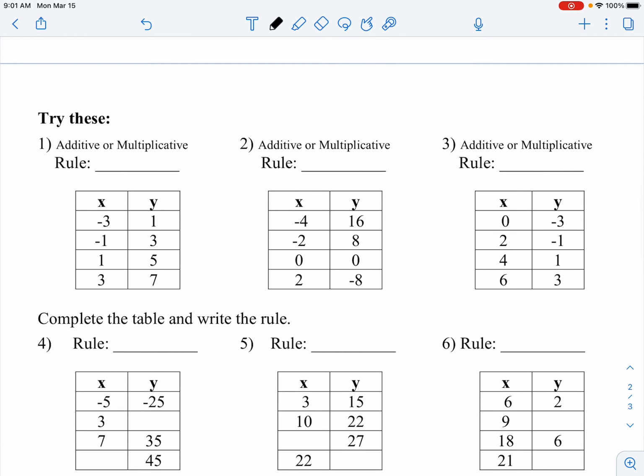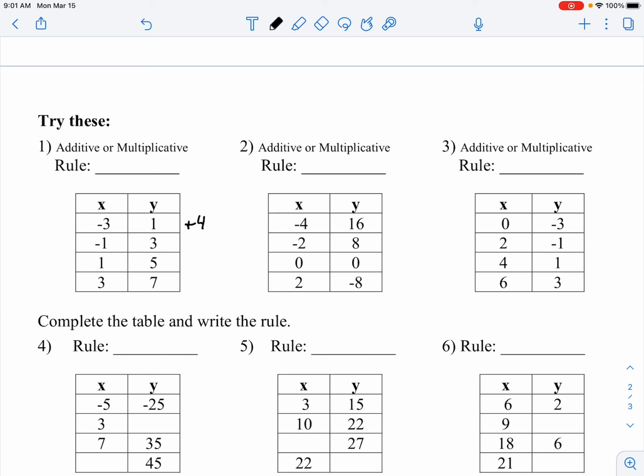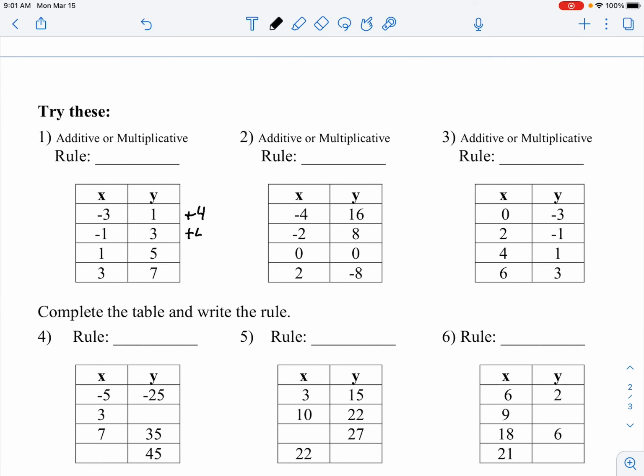All right, so let's take a look here. Multiplicative or additive? Well, let's see. Let's try adding first. Are we adding the same amount every time? Let's find out. We've got -3. How do we get from -3 to 1? Well, we could go +4. How do we get from -1 to 3?